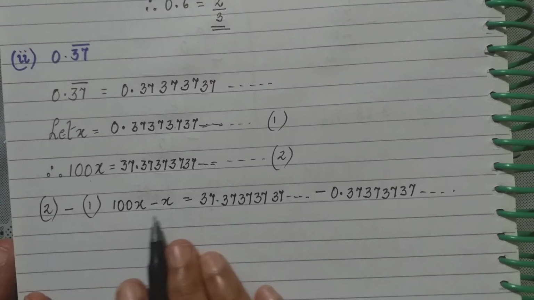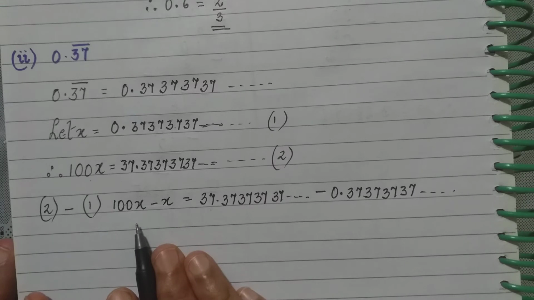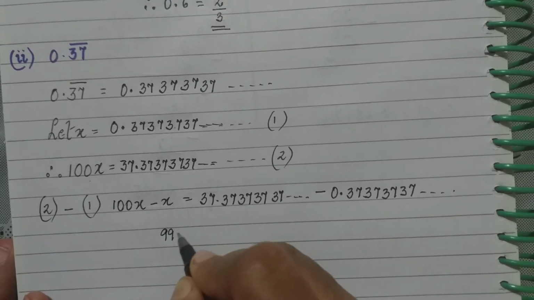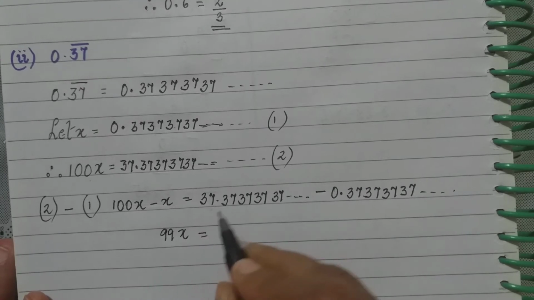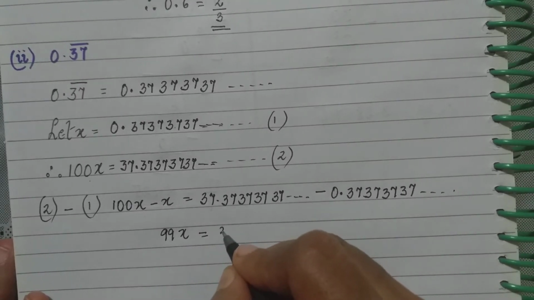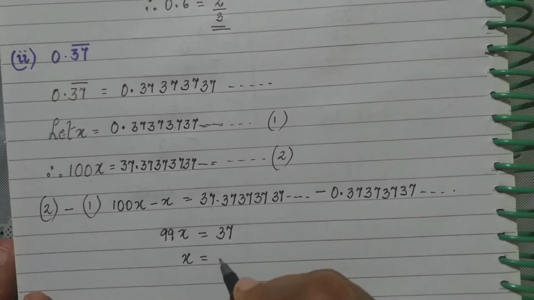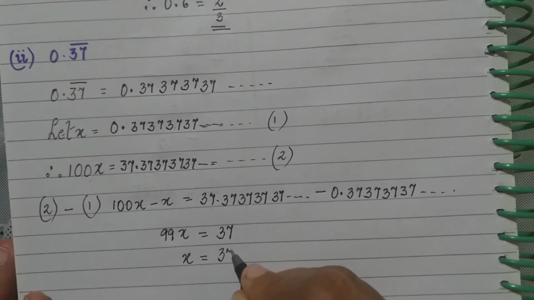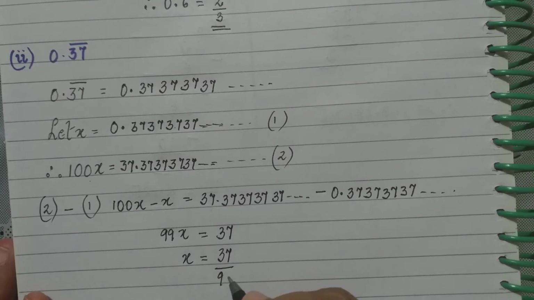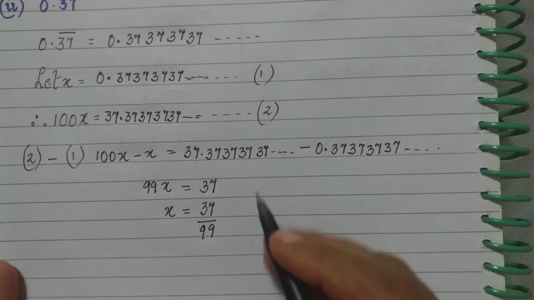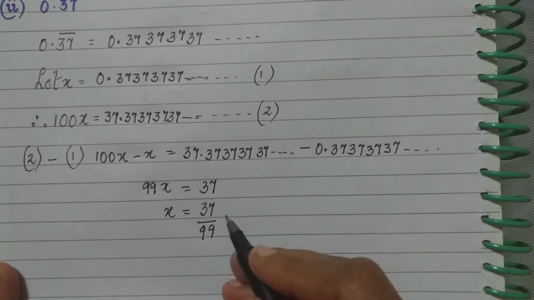Okay. Now look on the left hand side, 100x minus x, that is 99x is equal to, just now we said 37 minus 0 is 37. So what will be x then? x is equal to 37 upon 99. Can we simplify this further? We cannot simplify it further. 37 is a prime number.